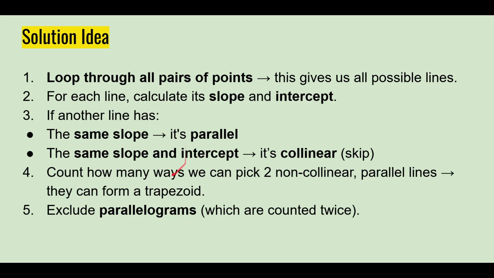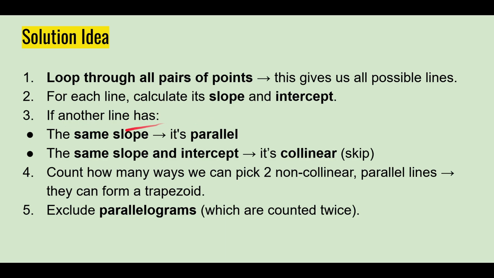Okay, so pause this, did you understand what we are trying to say? Very first, we have to loop through all the pairs of points. That gives all possible lines. For each line you have to calculate slope and intercept. Intercept means where the line cuts the axis.